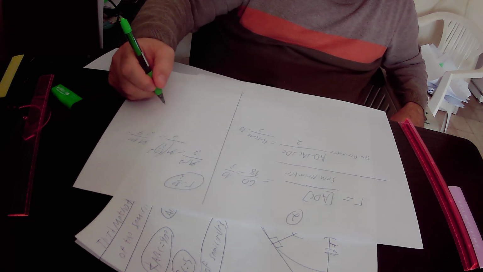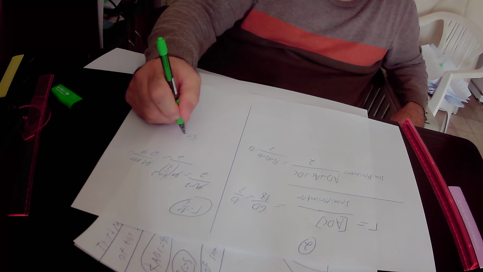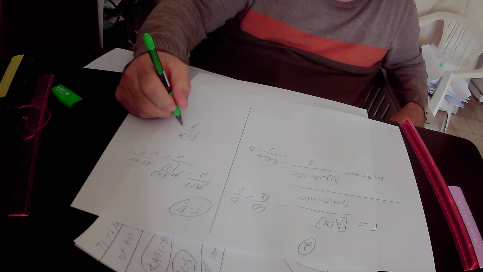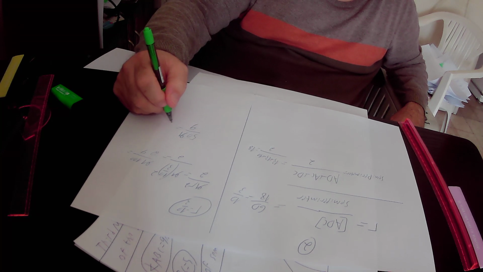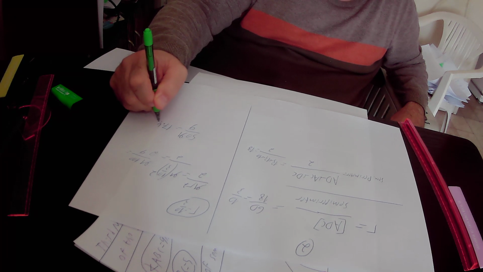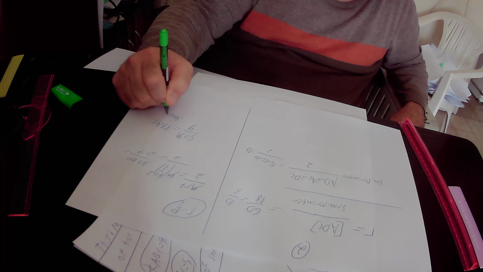And 100 over 2 is 50. So we got 50 pi over 9. So the area of the semicircle equals either 50 pi over 9 square units, or in terms of numbers, it equals 17.45 square units.